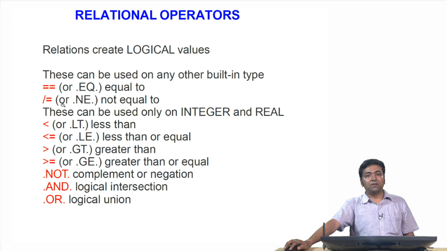Similarly, .ne. or slash equals to say that this is a not equal to operation, and then you can also do less than or equal to, and greater than or equal to. All these types of logical operations are performed using these symbols. You can also perform negation, logical intersection and logical union operations by using the .not., .and. and .or. operators in the Fortran code.